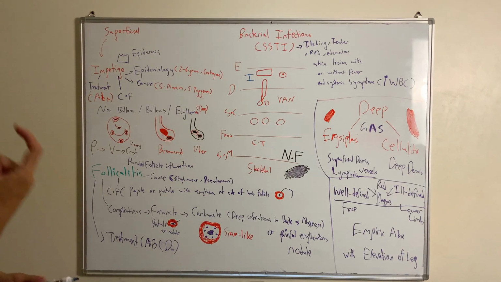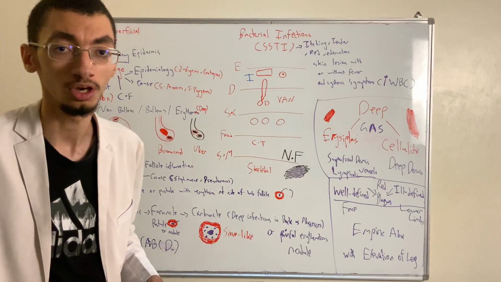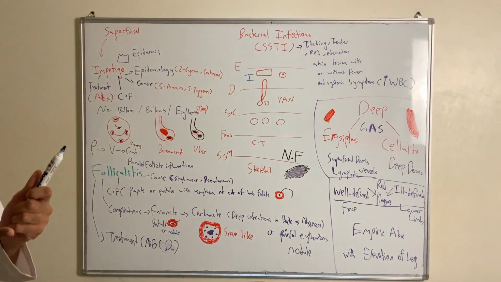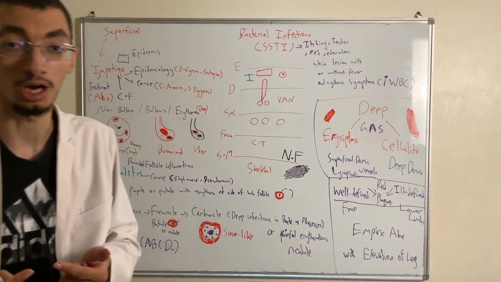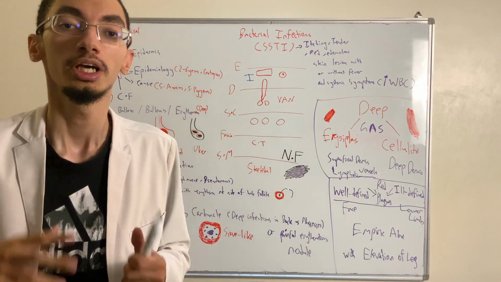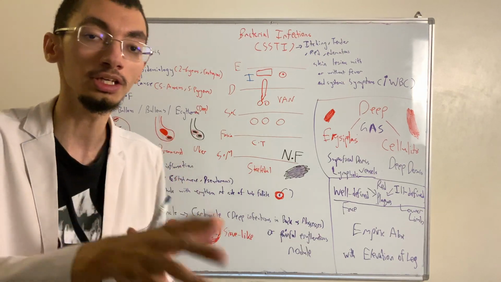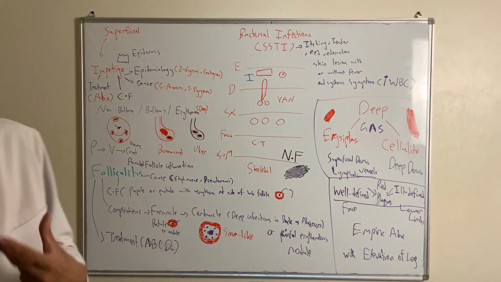If you don't remember, a papule is a raised lesion less than 1 cm. Once it develops, it might be filled with fluid. This papule, once it's filled with fluid from constant edema, might convert into a vesicle. So from a P it goes to a V.